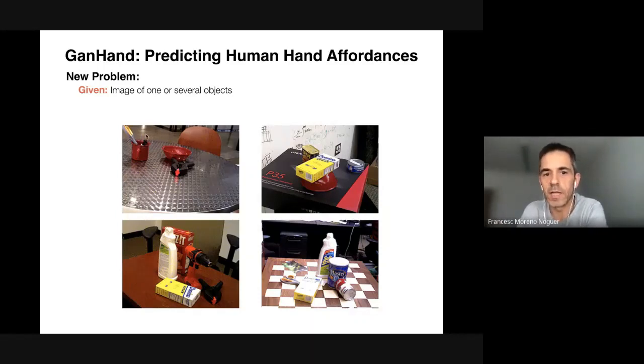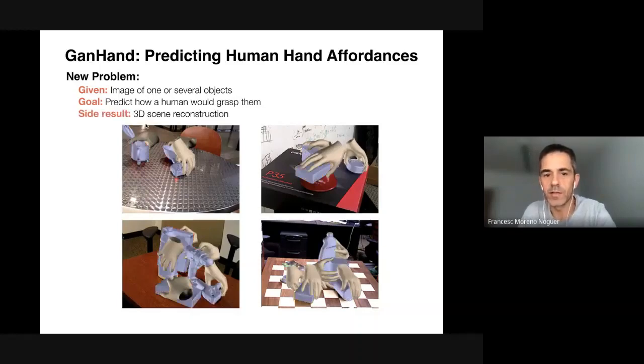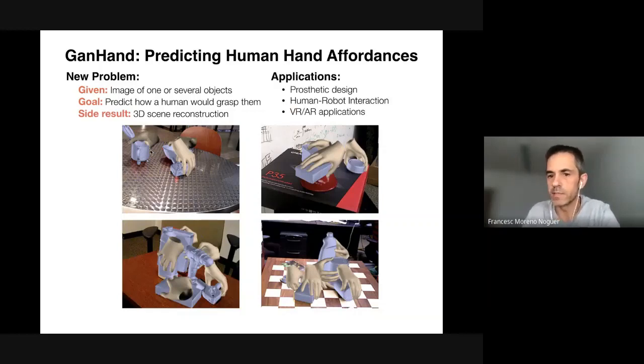Given an image with one or several objects, what we wanted to do is to predict how a human would grasp these objects, all right? And as a side result, we also had the reconstruction of the scene. So this has different applications in prosthetic design, human-robot interaction, or VR and AR applications.